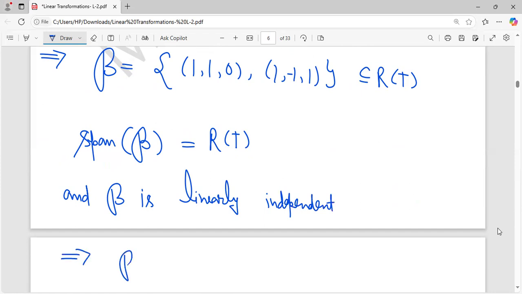This implies B is a basis for the range of T. So how many elements does the basis have? It has two elements.